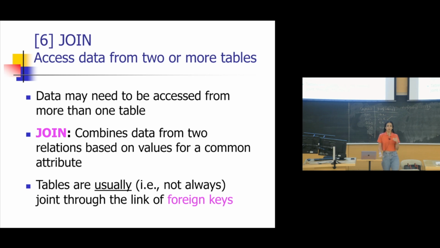If I ask you to find the name of the course, ID of the course, and so on, all the information exists in the course table. But what if I want to find the name of the instructor and the office of the instructor for a specific course? Then the course information is in the course table, but the instructor name and office or location is in the instructor table.